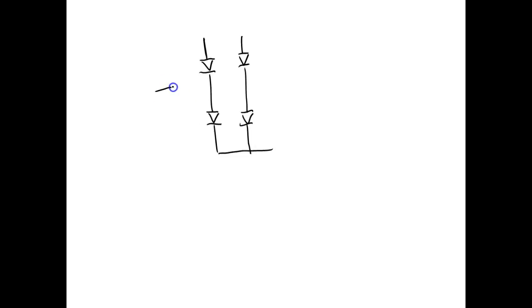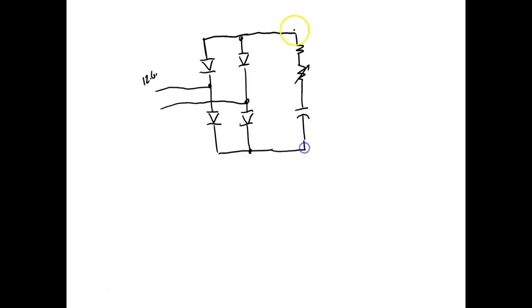And then we're going to bring in from a transformer 12.6 volts AC. And then I'm going to put a little delay circuit in that I'm going to have to figure out. And I'm going to put a capacitor. And then we'll come over here and we're going to put our motor.